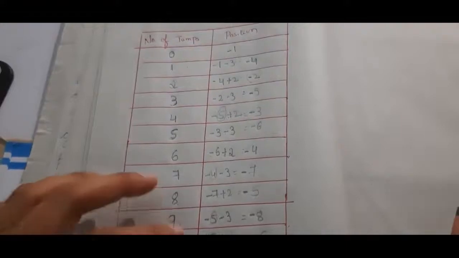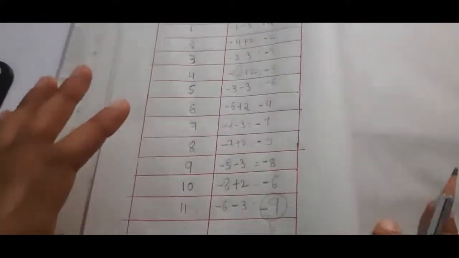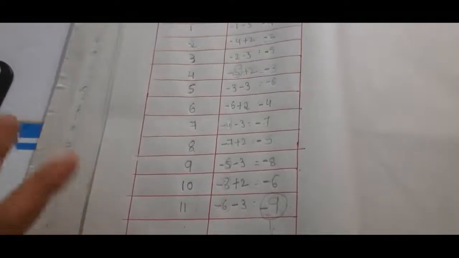Water level of the tank. So, in 11 jumps, it takes to reach the water level. Understood? This is a table of how it jumps and reaches the water level. Understood? This is the solution for the first part of the question.